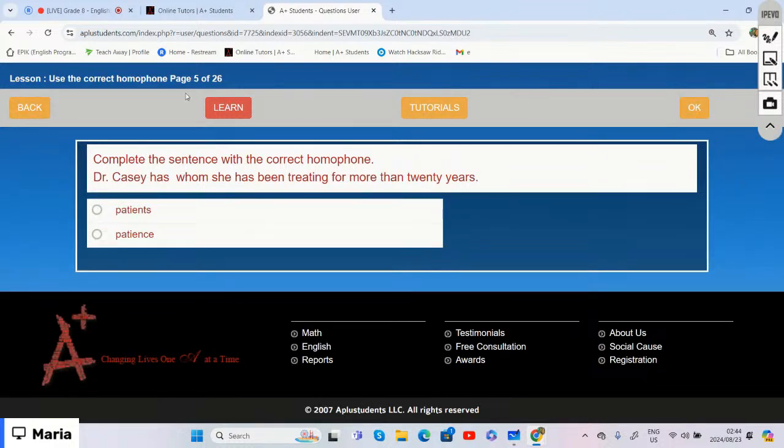And lastly, Dr. Casey has patients whom she has been treating for more than 20 years.